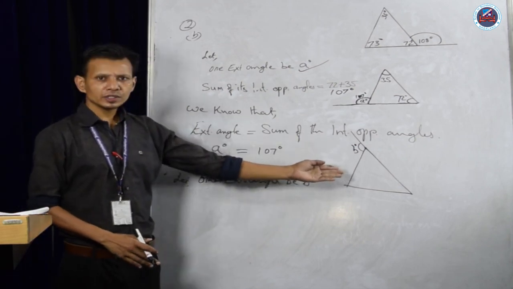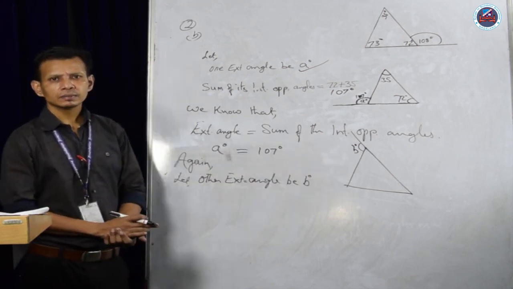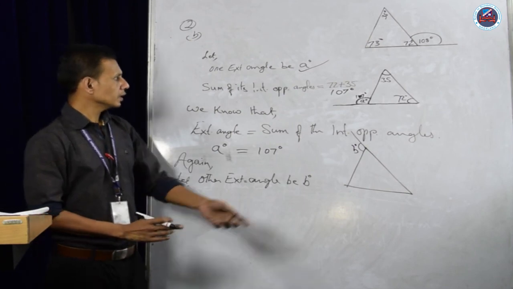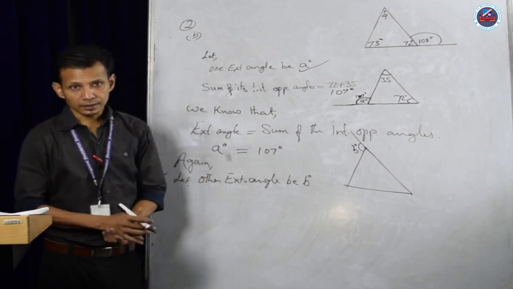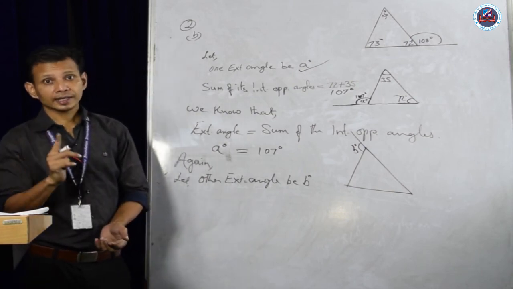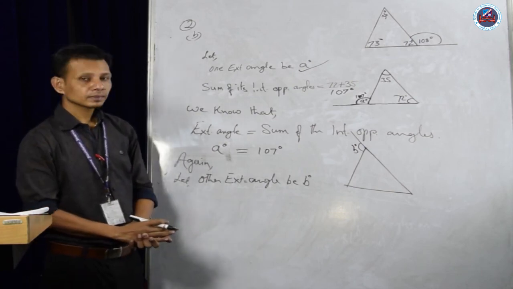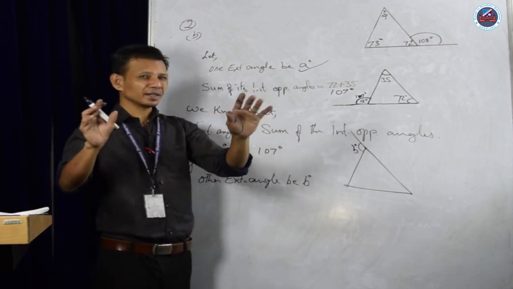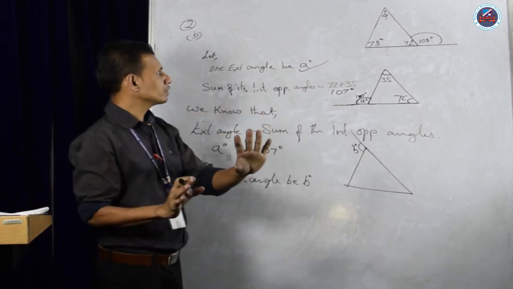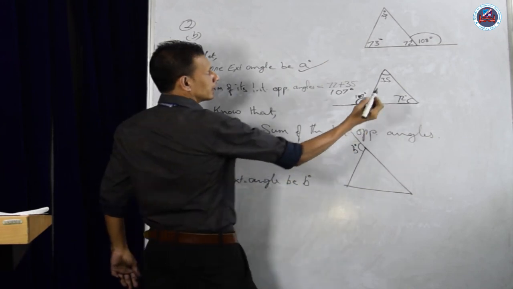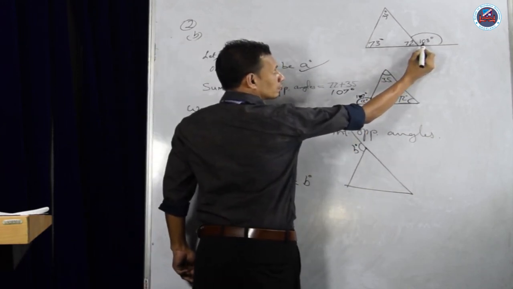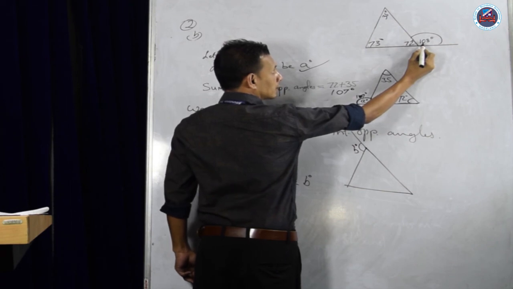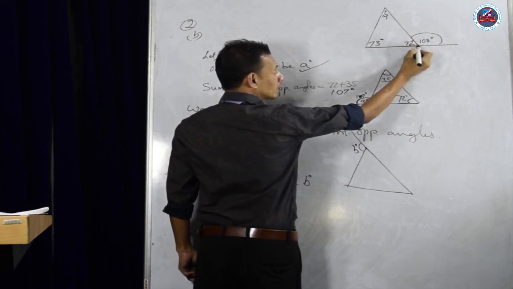Which is the opposite interior angle? Here the opposite interior angle is this. So this and this are the opposite interior angles. Do not think like that, children. Just to make it clear and simple, many of you are getting confused. For the 108 exterior angle, the opposite interior angles: don't take the nearer one, this is adjacent.